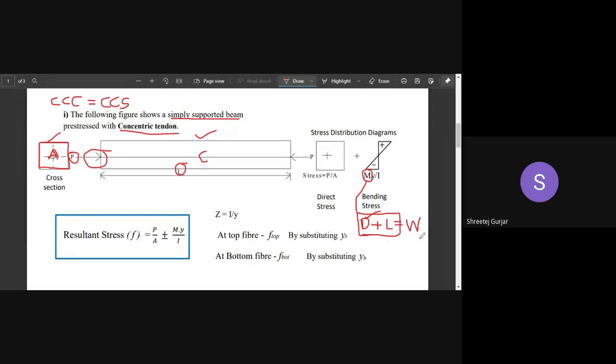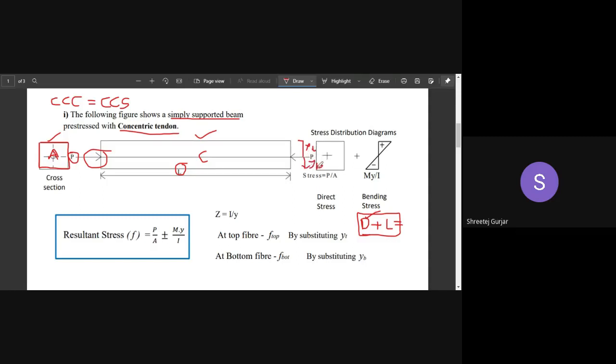Then using this W, you can calculate the moment, which we have substituted here. Next, in this equation, you can see it is M into y divided by I. For the top fiber you substitute yt, and for the bottom fiber you substitute yb.